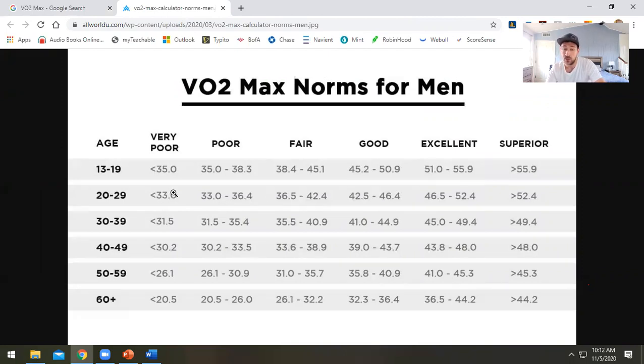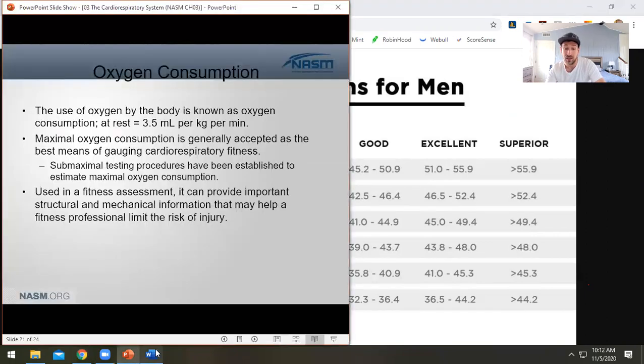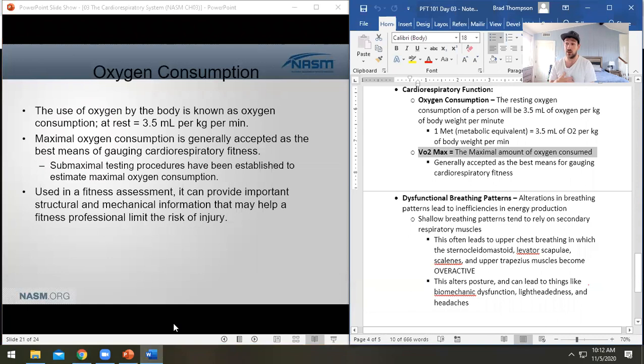If they're only consuming 33, that means their cells don't have very much mitochondria and they can't use oxygen very efficiently. They're going to get out of breath really quickly because maybe there's plenty of oxygen coming in, but they're just not using very much of it. They don't have the cell's capacity to use it.